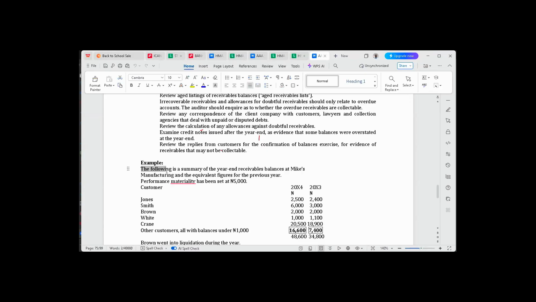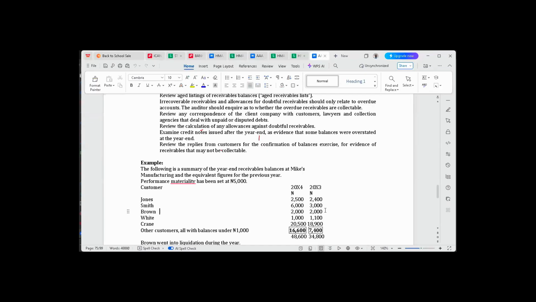The following is a summary of the year-end receivables balances at Mike's Manufacturing and revenue figures for the previous year. So these are the customers: Jones, 2024, he owed 2,005; 2023, he owed 2,004. Smith, 6,000 in 2024; 2023, 3,000.